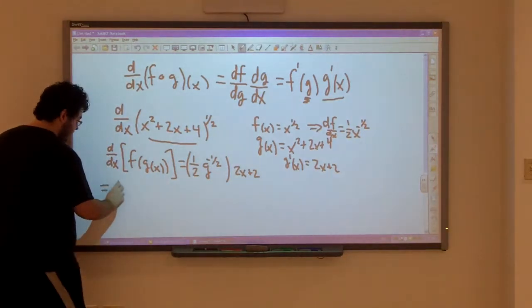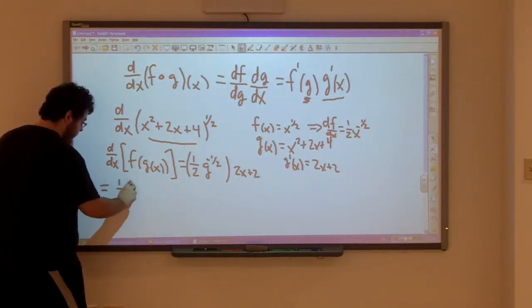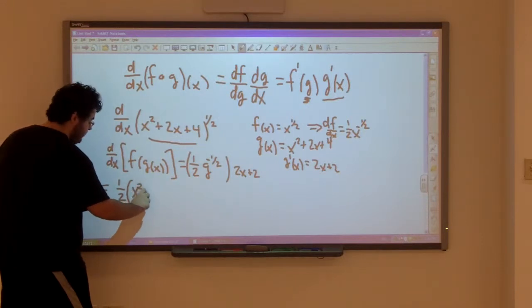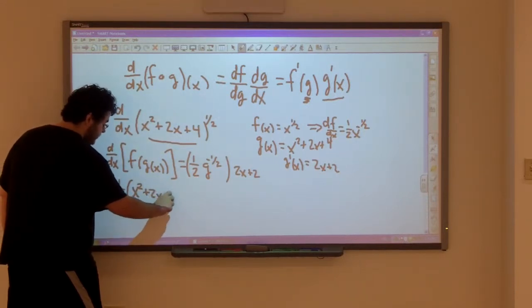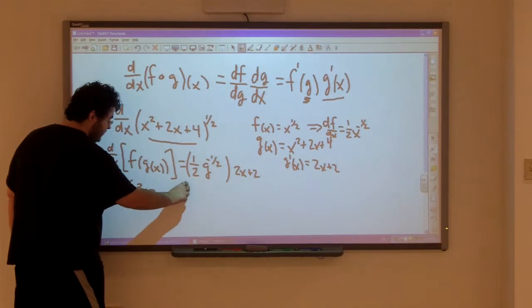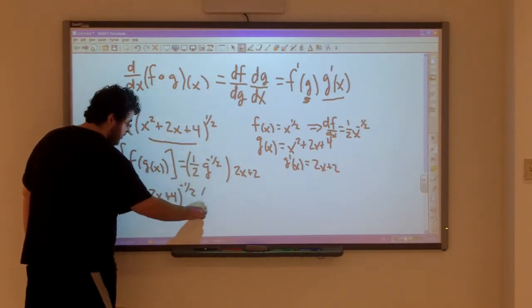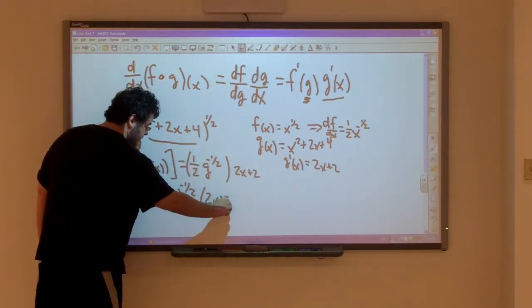Well, we know what g is, so we can plug it in. So we have 1/2 x squared plus 2x plus 4 to the minus 1/2 from here, all times 2x plus 2.